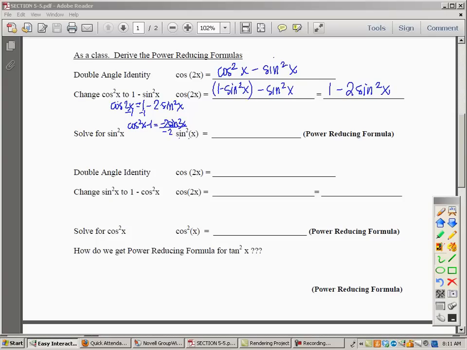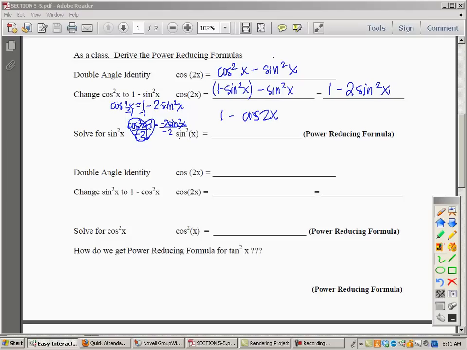When I divide by negative 2, then I get that sine squared, and I'm going to kind of rework this. This will turn this into a negative and turn this into a positive, so I'm going to write this a little bit different. I'm going to say 1 minus the cosine of 2x.